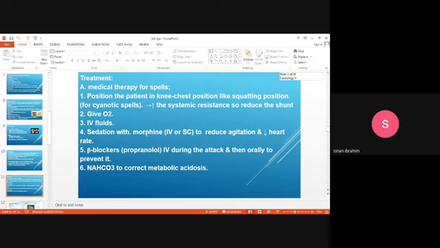So we give the patient sedation with morphine. And fifth is beta blocker, propranolol, to decrease the stenosis, and sodium bicarb 1 to 2 cc per kg or 2 to 4 cc, to correct according to the result of blood gas analysis, correcting the metabolic acidosis.